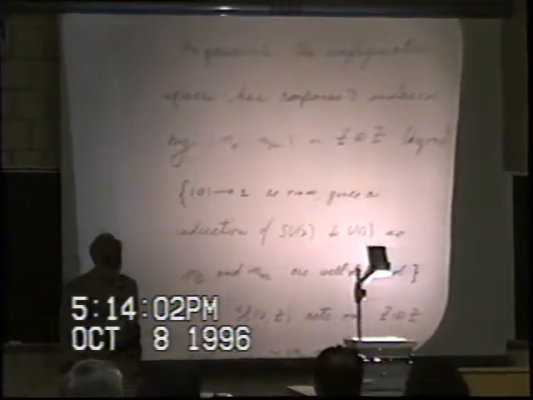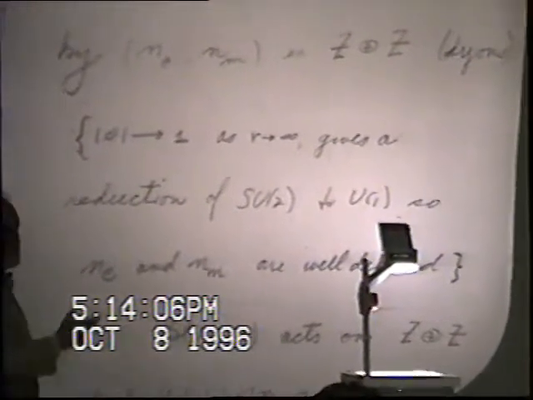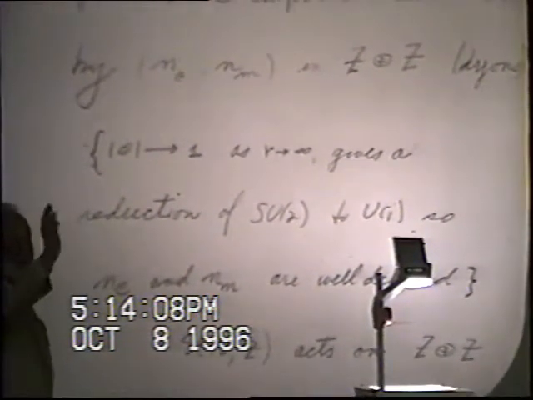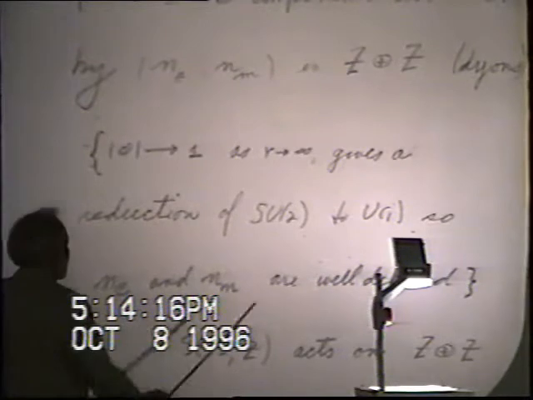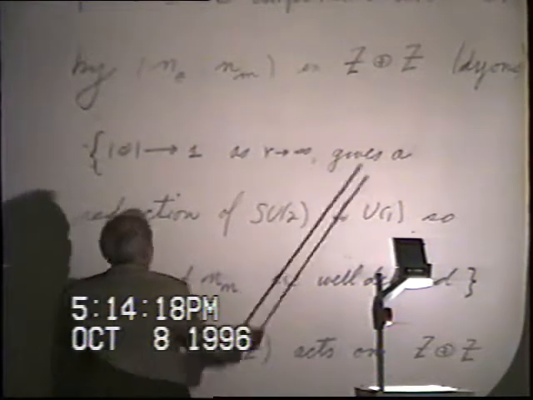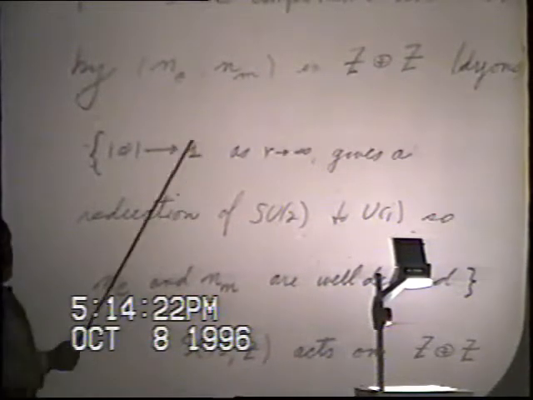So near infinity, we have reduced SU2 to a U1, and therefore we have an abelian gauge theory out near infinity.